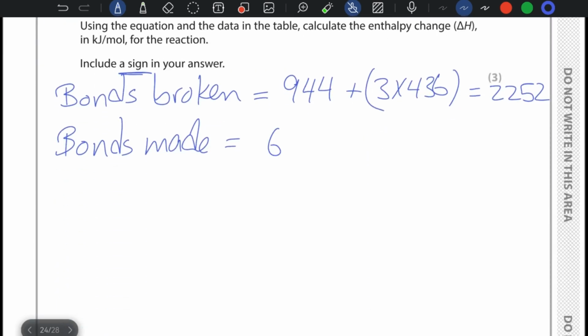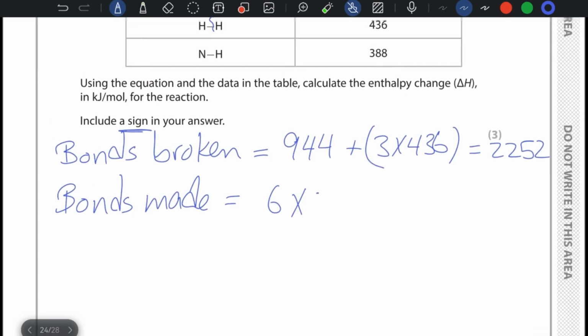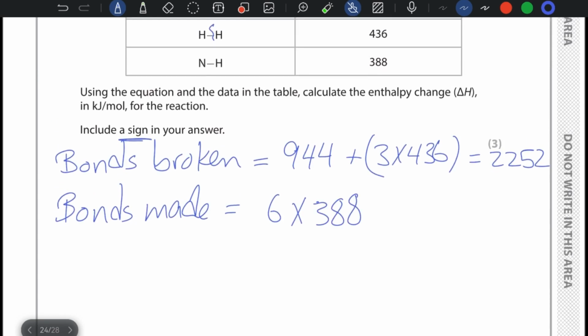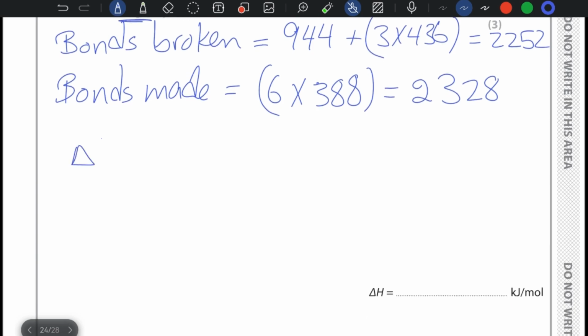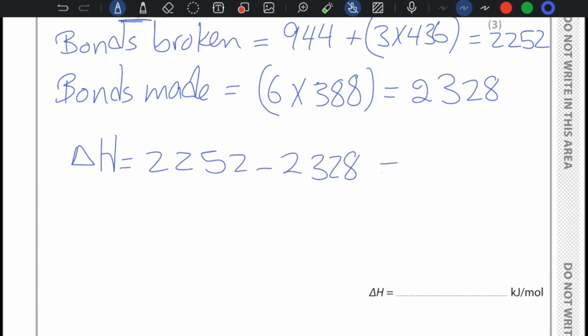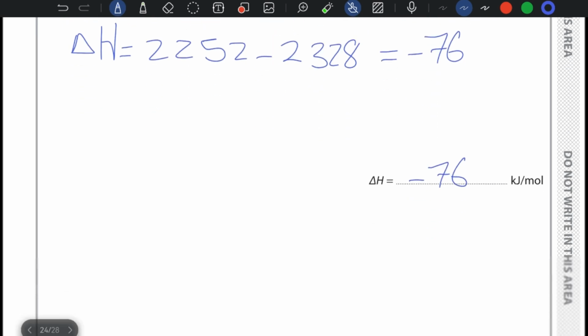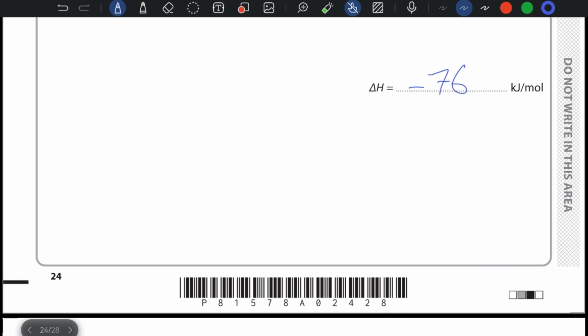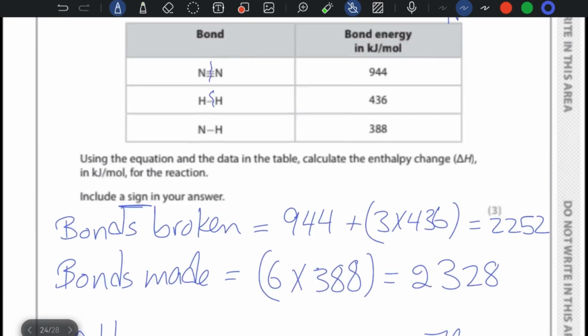So we can say 6 multiplied by 388 will give 2328 kilojoules per mole. Delta H is equal to bonds broken, 2252, minus bonds made, 2328. It will give minus 76. So you have to write it as minus 76 kilojoules per mole. No working required, but if you write the incorrect sign, positive 76, you only score 2 out of 3.